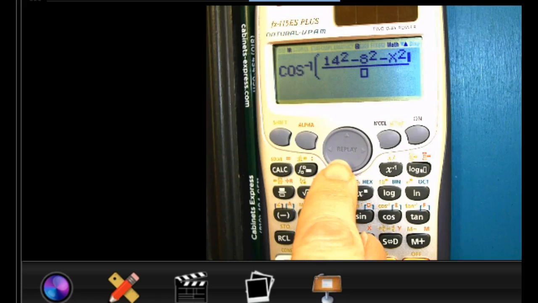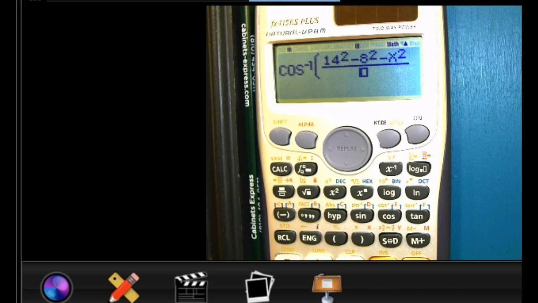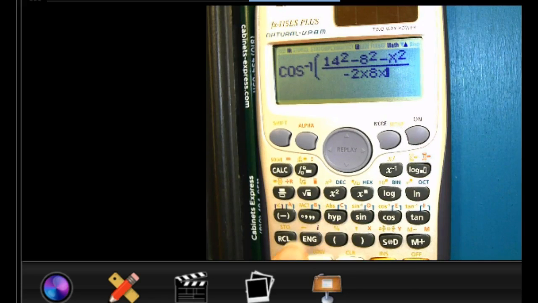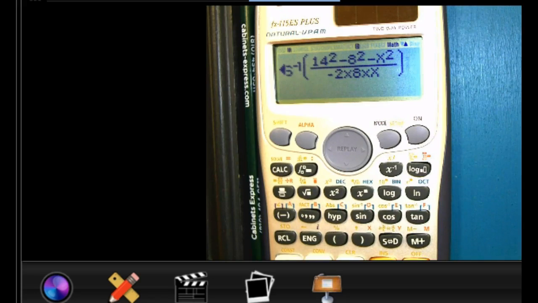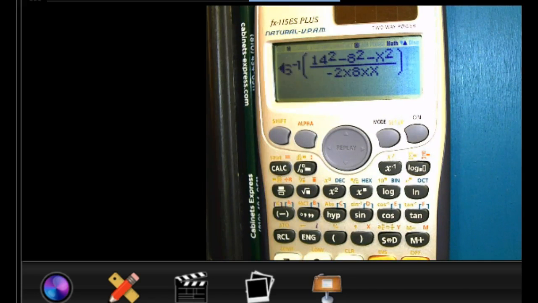And then in the denominator, I'm going to have negative 2 times 8 times x, sorry. A little brain fart there. Times x. I had a bad feeling I had something wrong there. It does look weird, because when you do times x, you don't even actually have to put the times, you can just stick it on there.